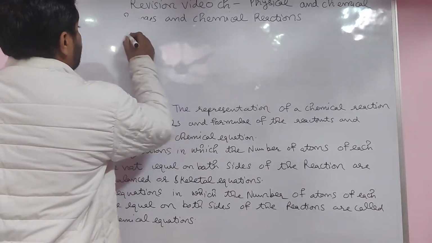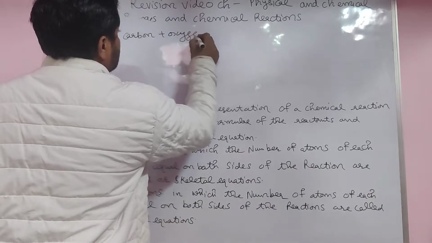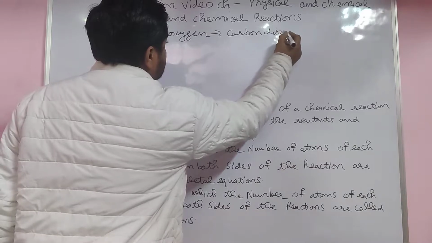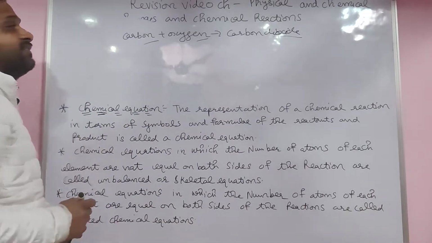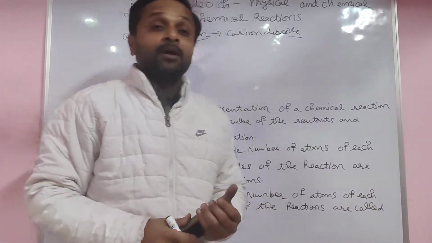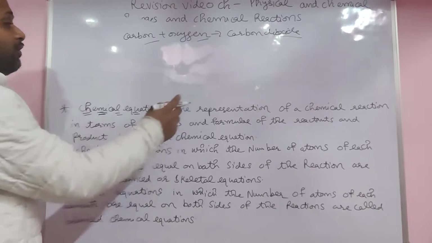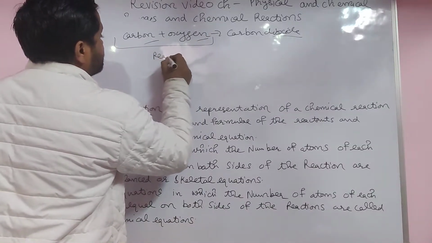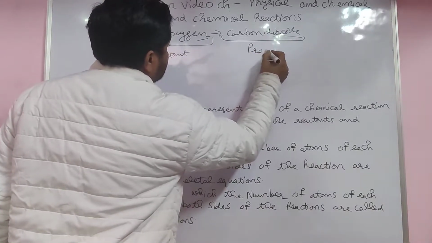For example, when you write carbon plus oxygen gives us carbon dioxide. If you represent this chemical reaction in symbols or formulae, this part is the reactant part and this part is the product part.